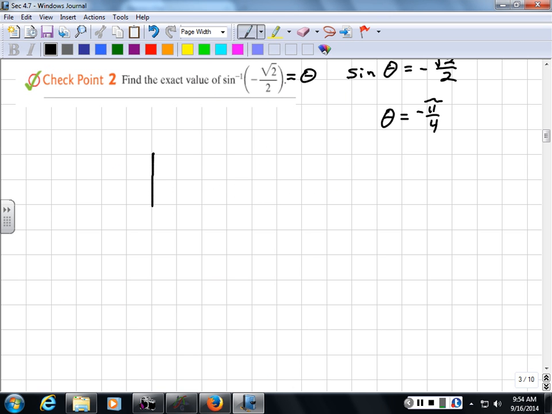If I draw my XY coordinate system, and I look at theta equals negative pi over 4, where is that?